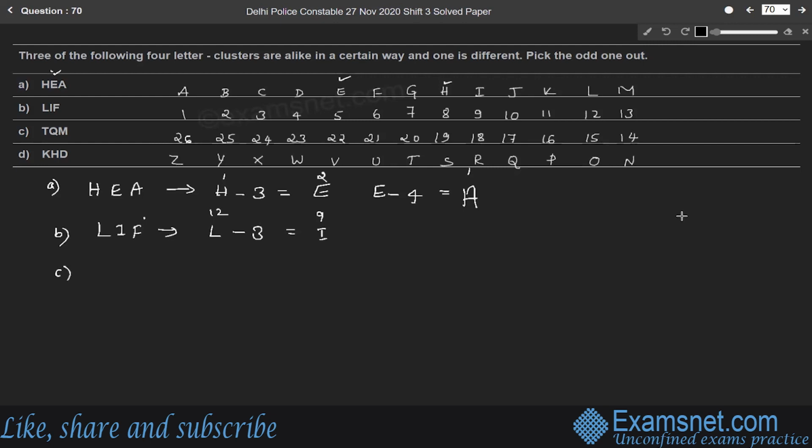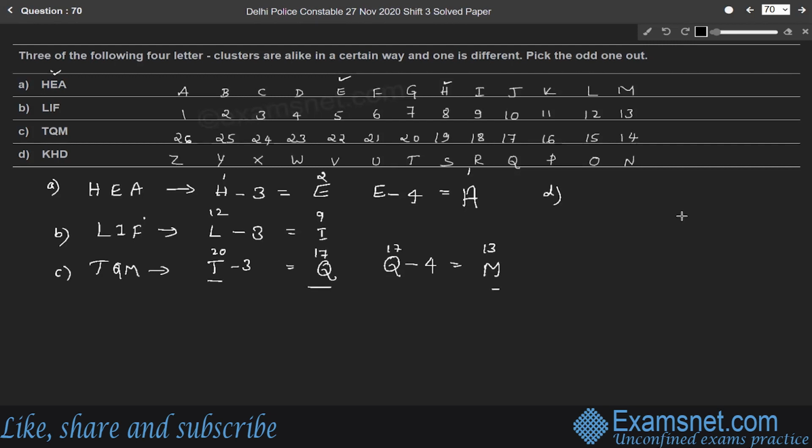Look at option C, TQM. The positional value of T is 20, minus 3 is equal to 17, right? Which is the positional value of Q. TQ. So for the second alphabet, 17 minus 4 is equal to 13. 13 is the positional value of M. So TQM follows the rule.